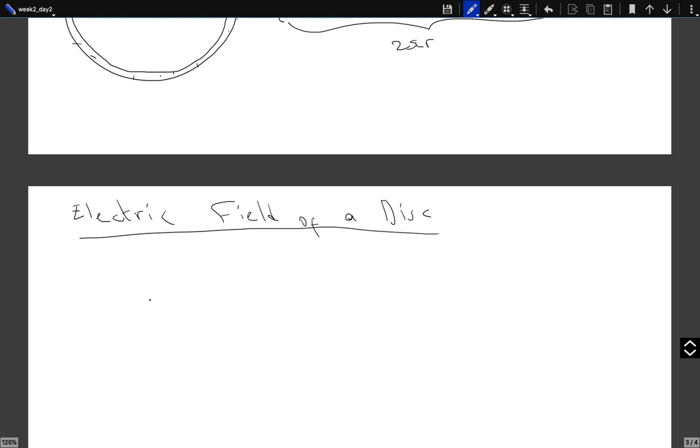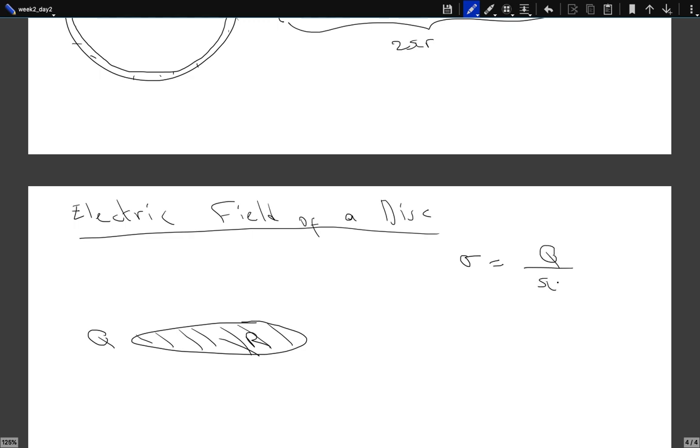Well, in this problem, you have the disk with the radius, let's call capital R, and it has a total charge Q. So the surface charge density is just Q over pi R squared. The charge divided by the total area, if the charge is uniformly distributed.